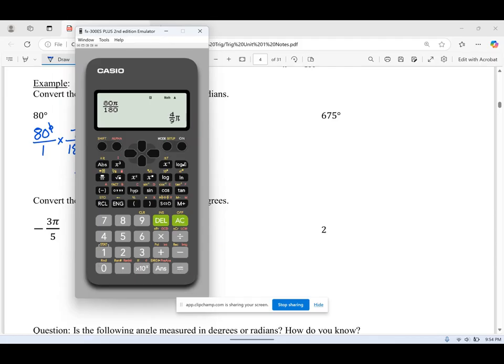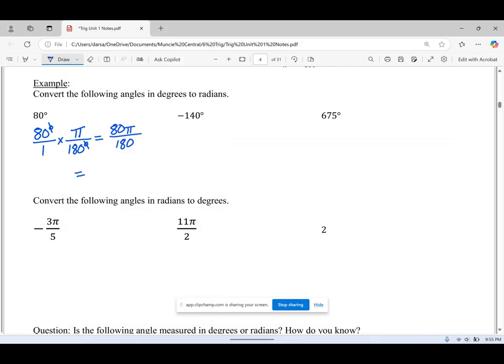And if we hit enter, you can see our calculator will reduce that fraction down for us. 80 pi over 180 is the same as 4 pi over 9. So our final answer here will be 80 degrees is the same as 4 pi over 9 radians, or 4/9 of pi radians.